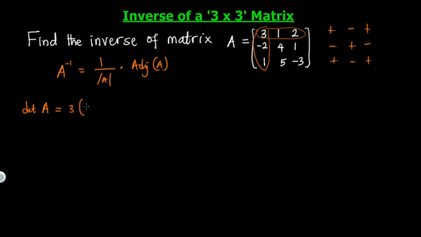So which is 4 multiplied by -3, that's minus 12, minus 5 multiplied by 1, that's 5, close it.